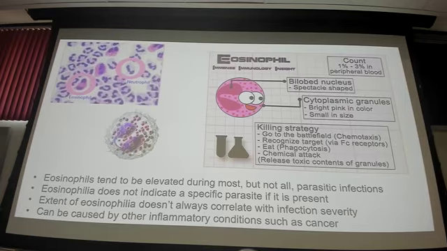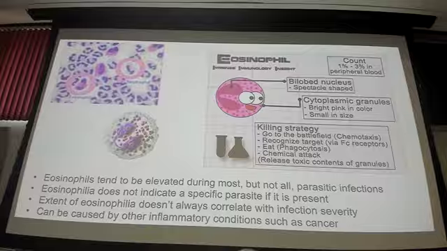However, points to make: they might be elevated during parasitic infections, but not all parasitic infections. So if you're seeing a patient who you suspect has a parasitic infection, but you don't see eosinophilia in that patient, that doesn't mean you can rule out a parasitic infection. Eosinophilia does not indicate a specific parasite when it is present. That means you can't use it to say, oh, that looks like Giardia, or that looks like trypanosomiasis, or whatever. The extent of eosinophilia doesn't always correlate with the infection severity.